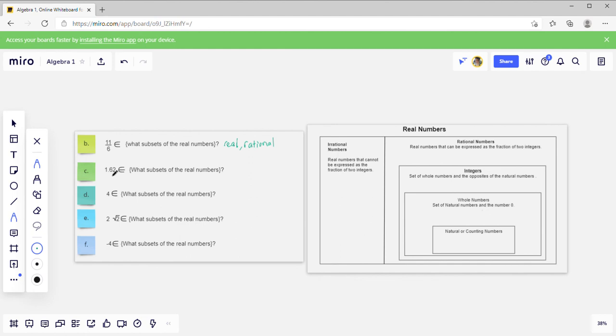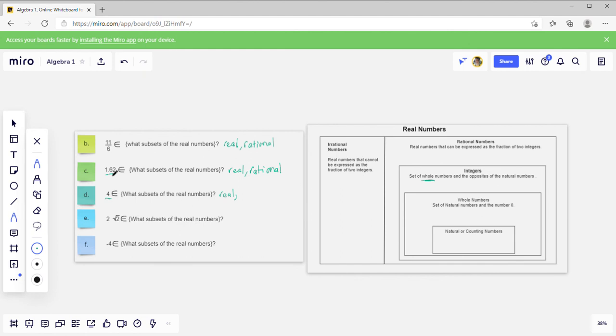All right, next one, 1.62. That would be a real number. It would be a rational number. You could write that as a fraction. But it would not be an integer because integers have to be whole numbers. So we can stop there. All right, the number 4. 4 is a real number.